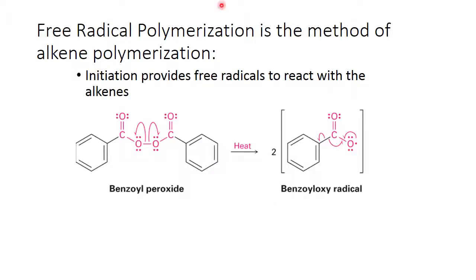How do we do this? We do the linking by causing a free radical to be generated within the presence of the ethylenes, and then the ethylenes pick up that free radical and start a big long chain reaction.